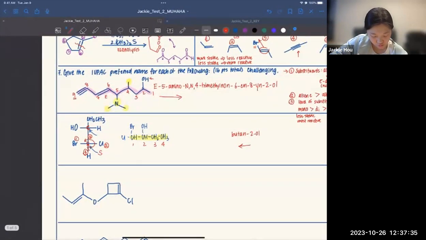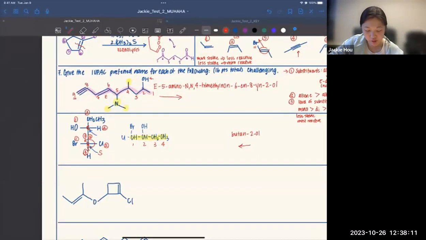And then for this one over here, assign priority again, 1. So my second one is actually going to be this carbon over here. Remember, this is still the carbon that's attached to the bromine, chlorine, hydrogen. And because they're attached to these halogens, which are bigger in atomic number than this carbon with these hydrogens, that this carbon is attached to, it's going to be 2, this one will be 3, and then this one will be 4.